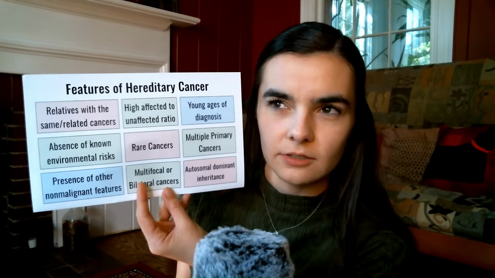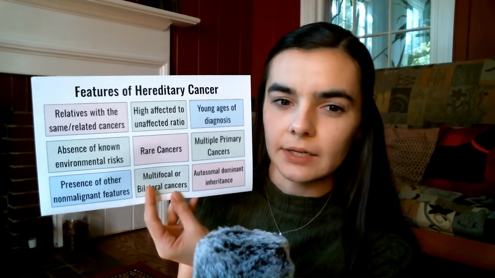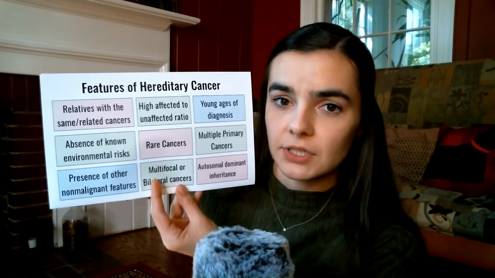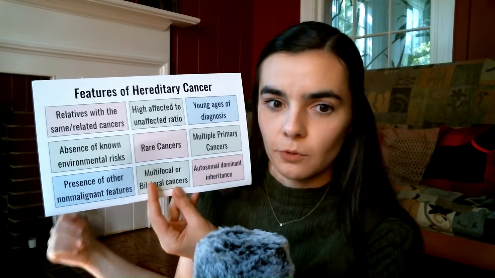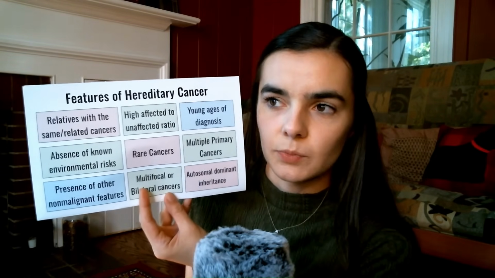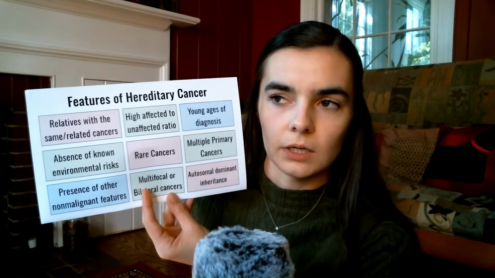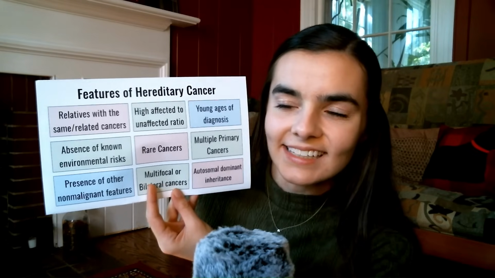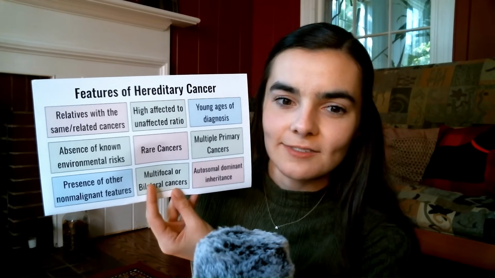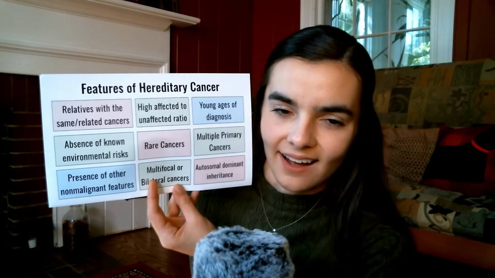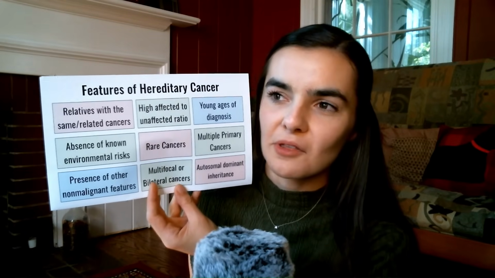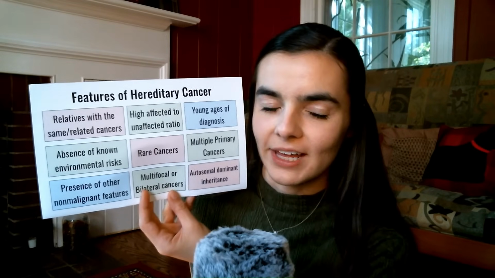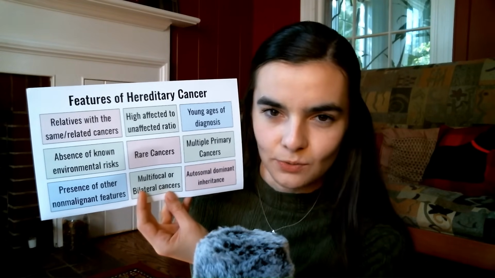We'll touch on the related part later when we talk about specific syndromes, but same cancers, like obviously 3 or 4 relatives with breast cancer is pretty concerning for something being hereditary. The kicker there is that those relatives need to be on the same side of your family. Those relatives need to be related to each other for that to be a significant increased risk.